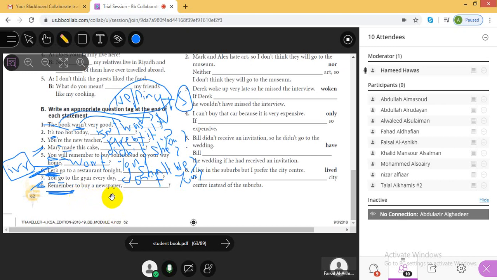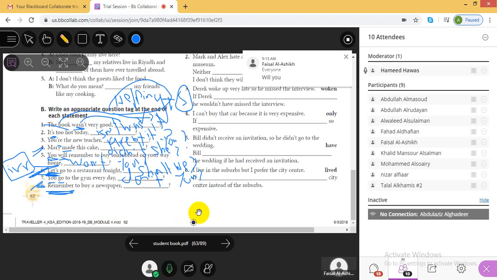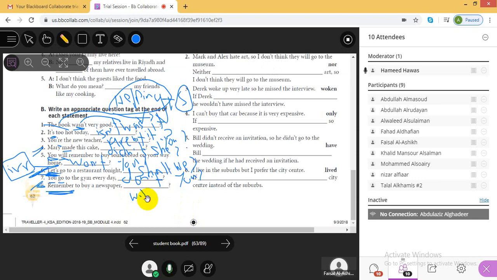Remember to buy a newspaper. Is it okay? Who can answer? Will you? Very good, Faisal al-Sheikh, wow. It will be will you. Yes, nice.